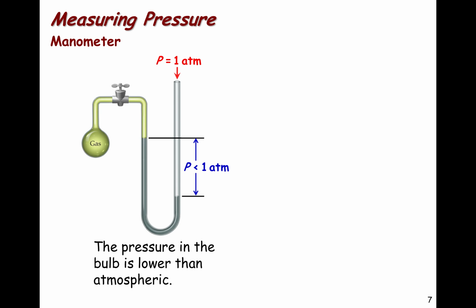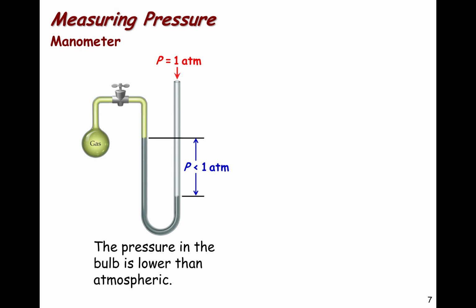Shown here is a device that could be used to measure the pressure inside a container. What you see here is a glass U-tube that has been filled with mercury, and we have a glass bulb that is connected to the U-tube with a valve at the top.